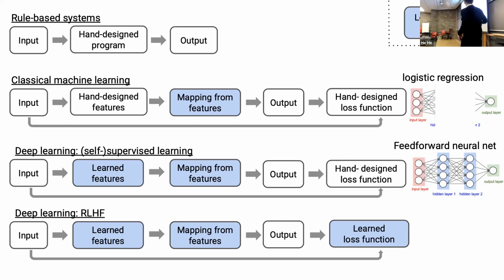Graphically, this is probably very obvious to many people, but some people don't find it obvious. A feedforward neural net and logistic regression are very similar, in that a feedforward neural net is logistic regression with learned features. That simple change made quite a bit of a difference.